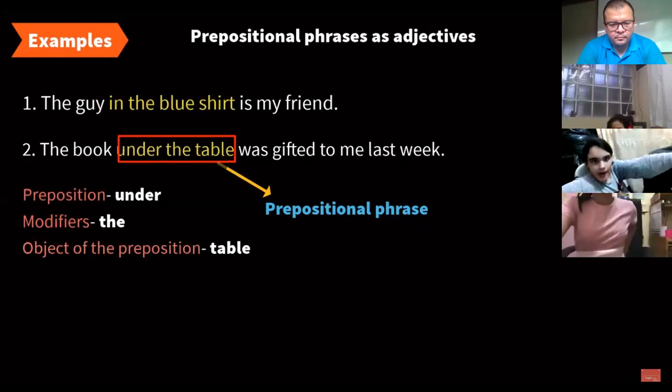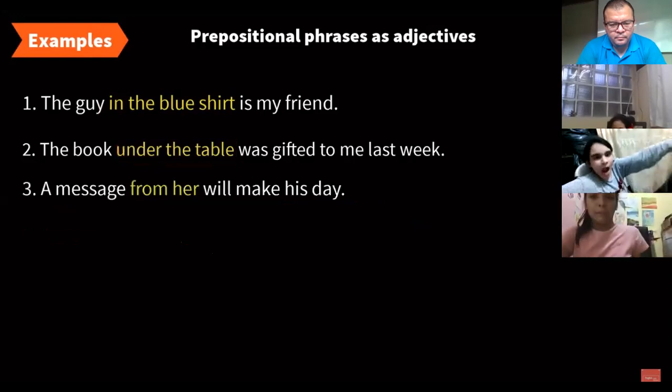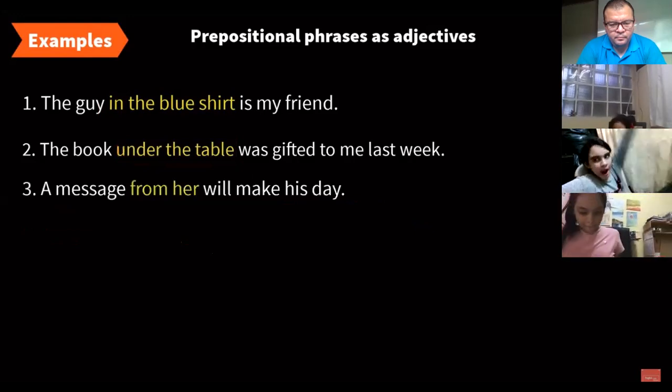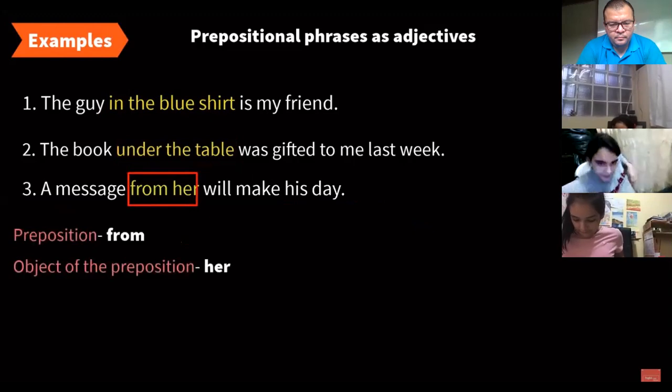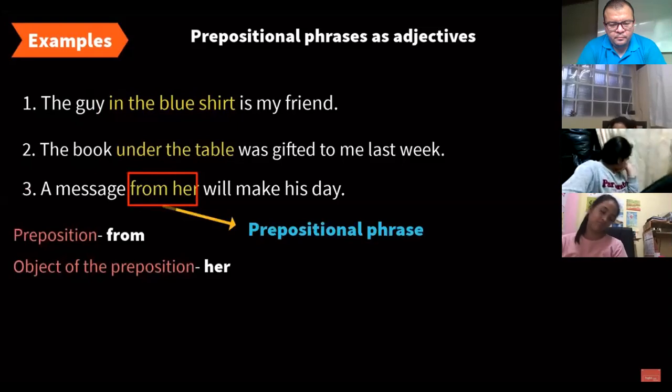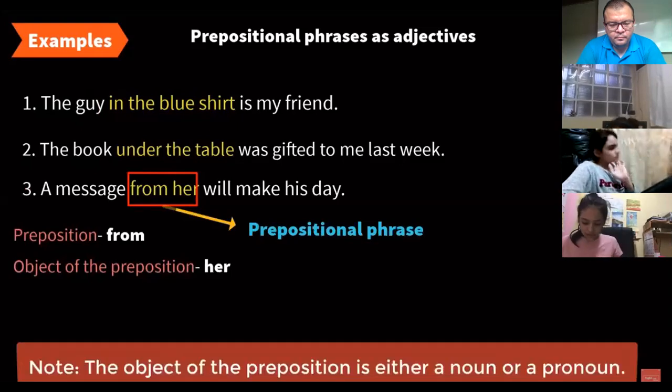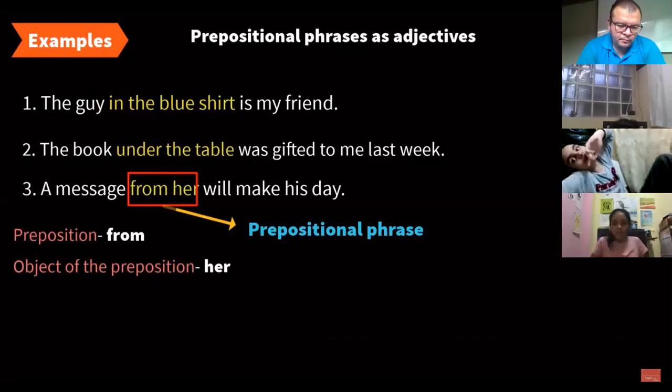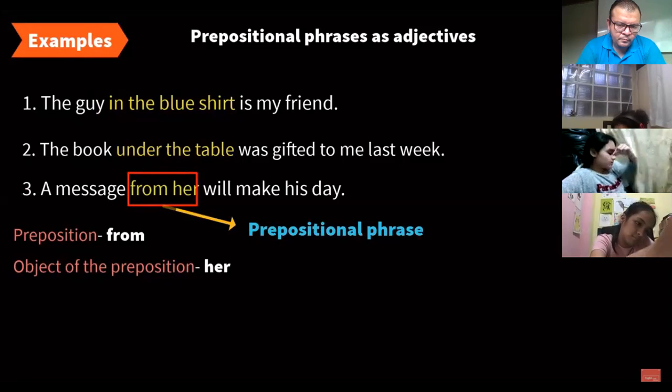Let us look at the next example. A message from her will make his day. So from her is my prepositional phrase that's starting with the preposition from, and her is the object of the preposition. So the object of the preposition can either be a noun or a pronoun. So her is the pronoun here, right? So from her is modifying the noun message.